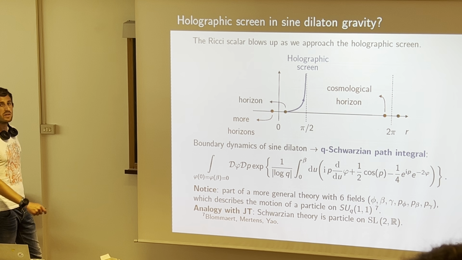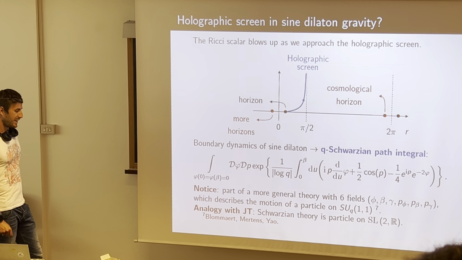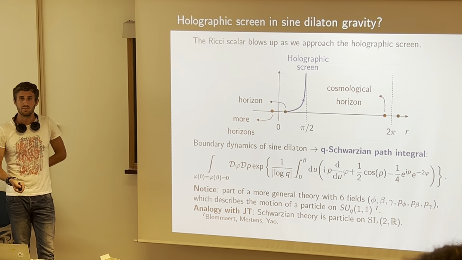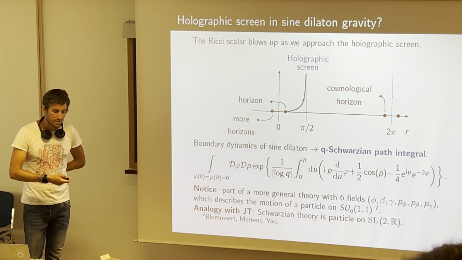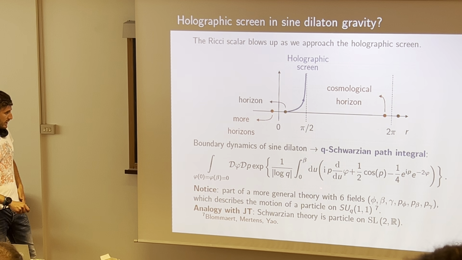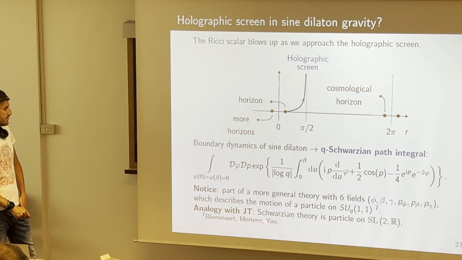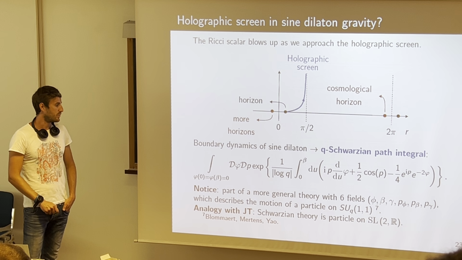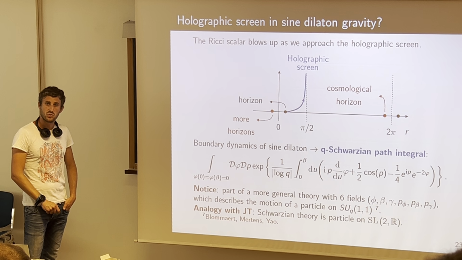And this path integral is called the q-Schwarzian path integral. Why? Because it's a deformation of the ordinary Schwarzian path integral that governs the boundary dynamics of JT gravity. And in particular, the way this q-Schwarzian path integral was first derived by my collaborators was studying group theory, right? Because in analogy with JT gravity, we know that the Schwarzian theory can also be regarded in the first order formulation as a particle on SL2R.